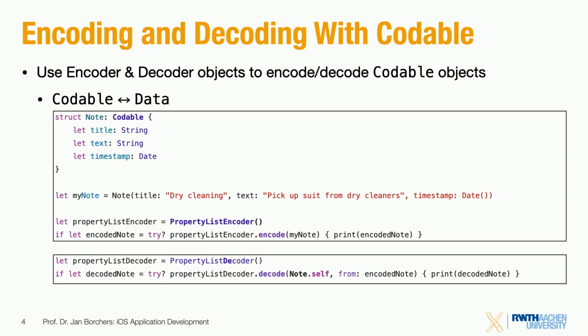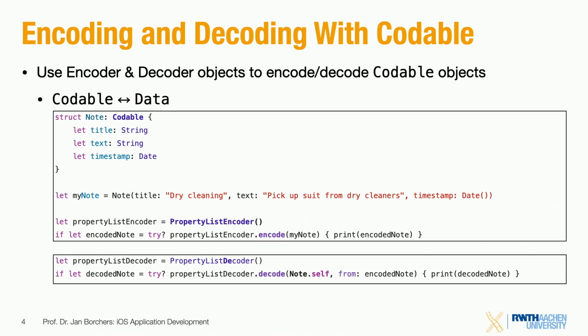That's why we need to run it with try. And once we do that, we get back a decoded node. And if that is successful, we could print that out. That means that the second one would actually output a node object, similar to the one that we created here in myNode.